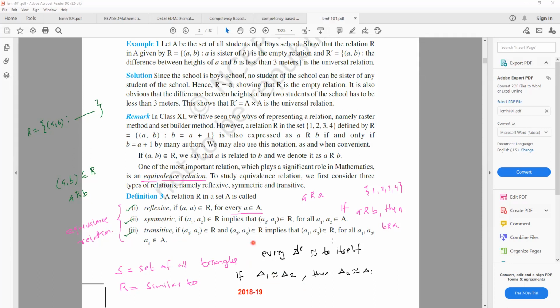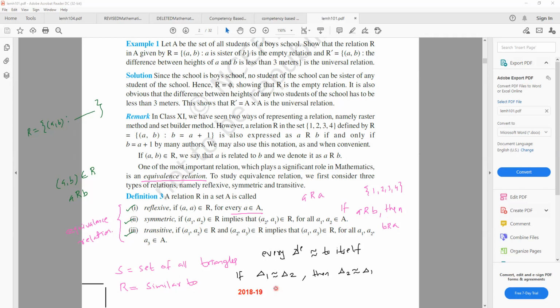Symmetric means in a relation, if A is related to B, if (A1, A2) is there, then (A2, A1) should also be there. So I'm asking whether this relation that I have told you, where your set is the set of all triangles and your relation is similar to, is symmetric. Instead of saying the set of all ordered pairs such that, I've directly said the relation is similar to.